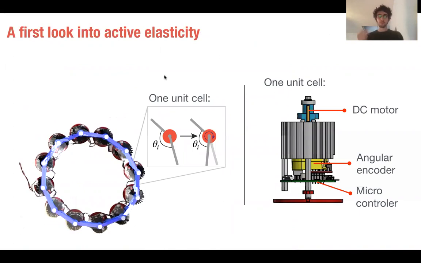It's composed of an angular encoder that is measuring angular positions, this angle theta i that I've defined here. Then there's a microcontroller that is going to receive this information and transmit it to a DC motor here. And the DC motor can apply a certain torque that is proportional to the signal it receives.